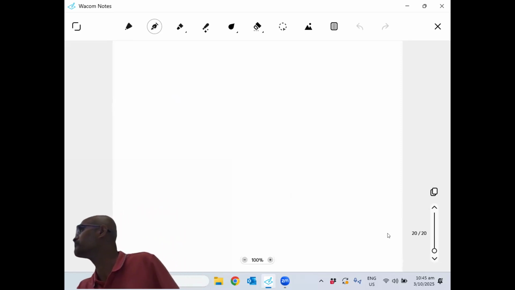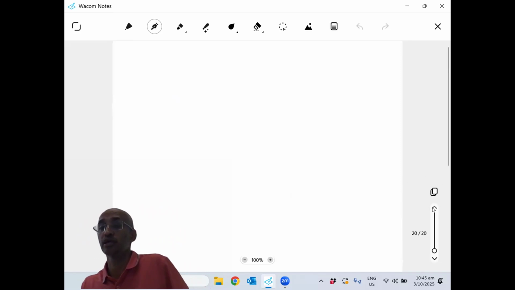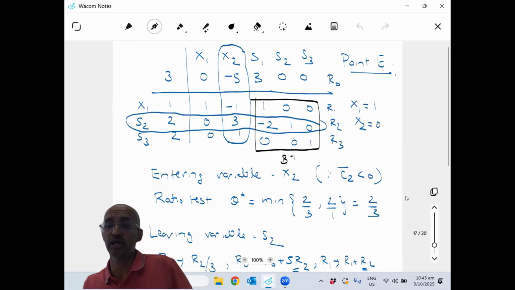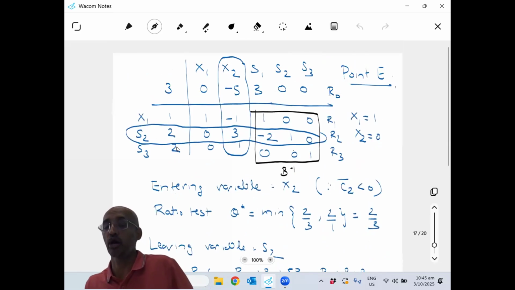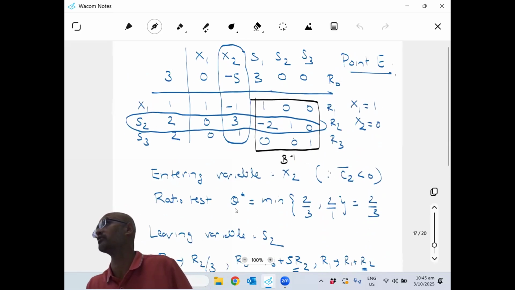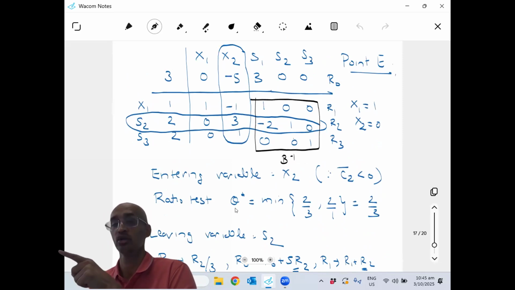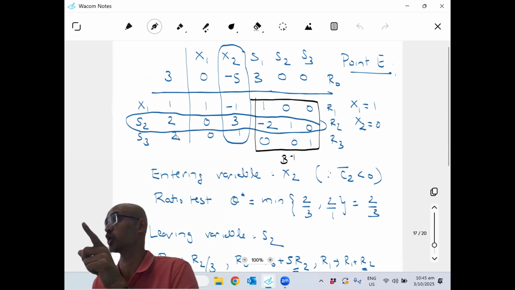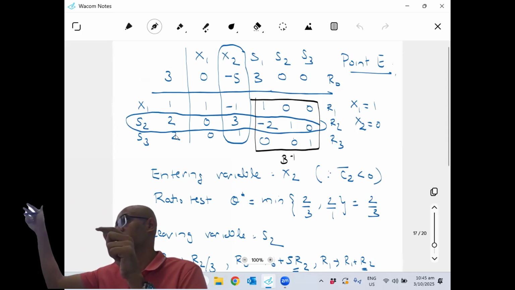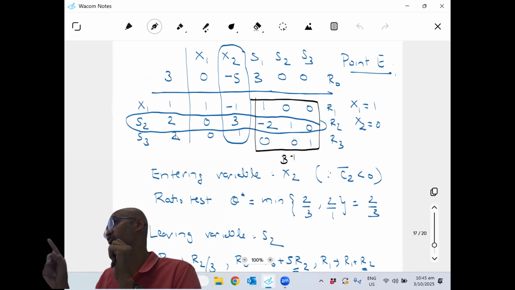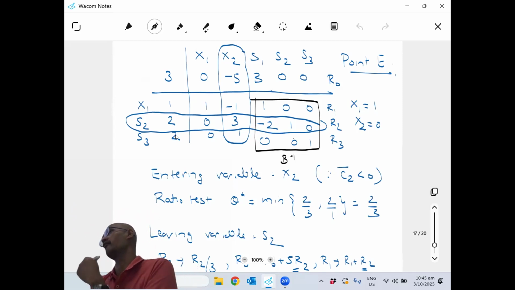For what to be zero? Can the ratio be zero? The question is what happens if theta star is zero. It can be zero. When can that happen? When it's a degenerate basic feasible solution. I'll come back to this. If some of the basic variables here are zero, theta star is zero divided by something, you'll get zero, which means you're at a degenerate solution, which is what we discussed.